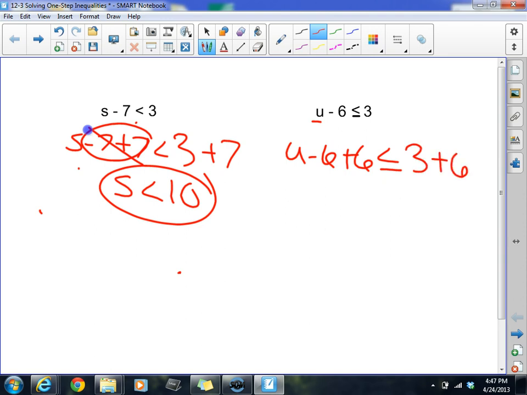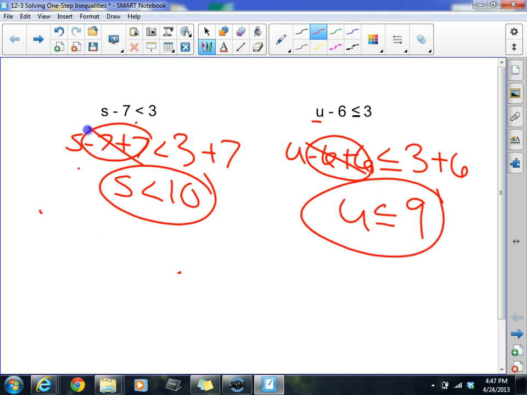Remember, whatever I do to one side, I have to do to the other side. So now this right here, oh, it goes bye-bye, because minus 6 plus 6 goes to 0. So I'm left with u on this side, less than or equal to, and look at that. It really isn't that scary. I promise. You see how very simple it is.